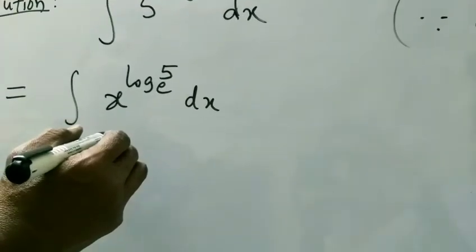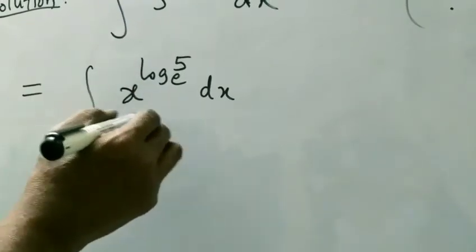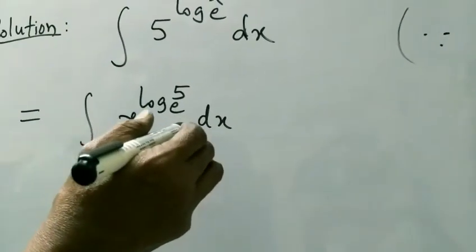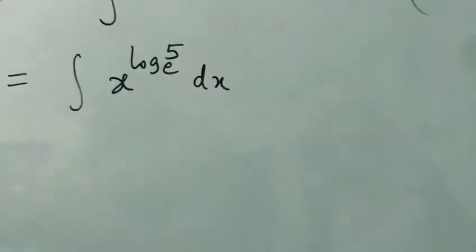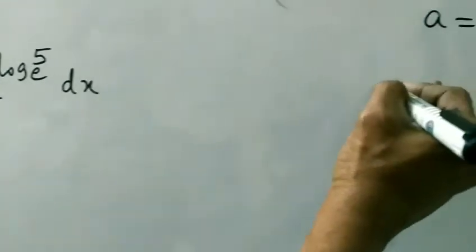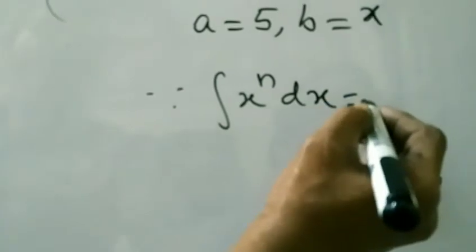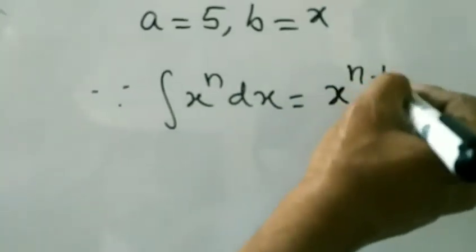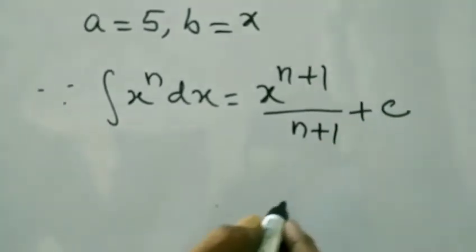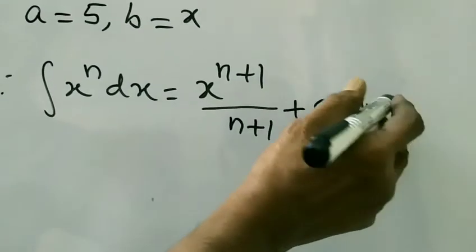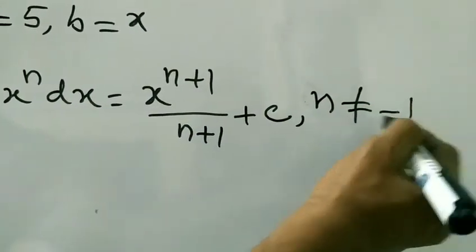From the learning of integration, the first formula is integral of x to the power of n dx is equal to x to the power of n plus 1 by n plus 1 plus c, where n is not equal to minus 1.